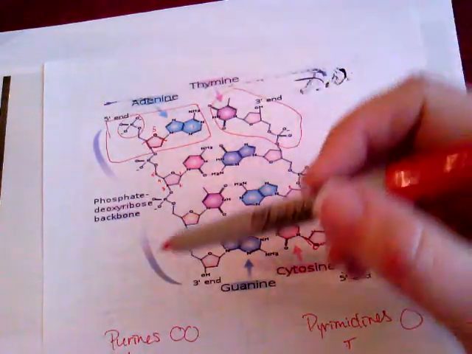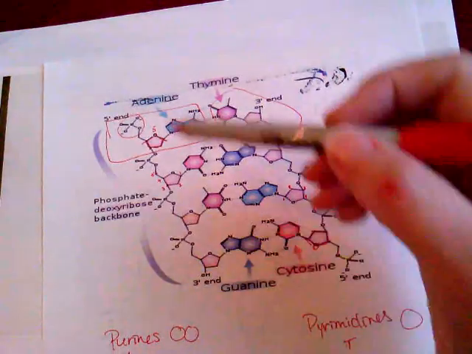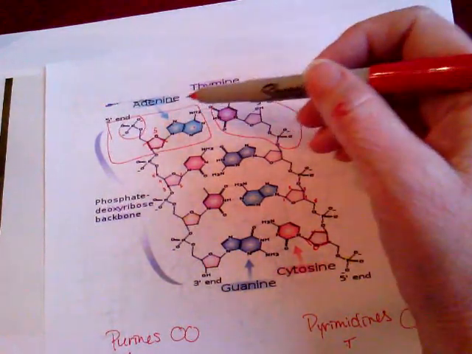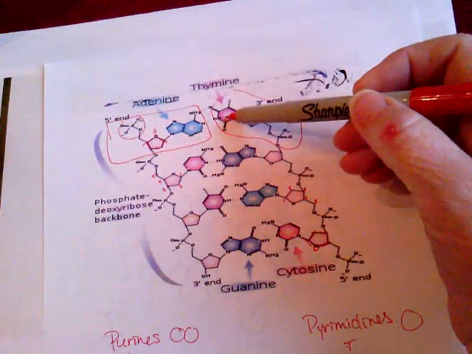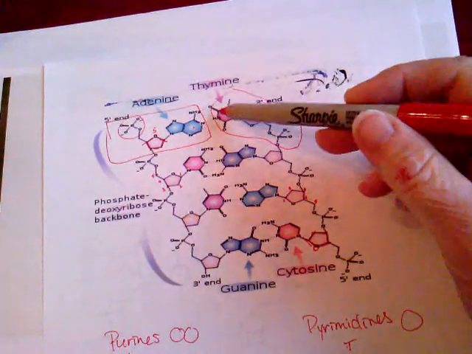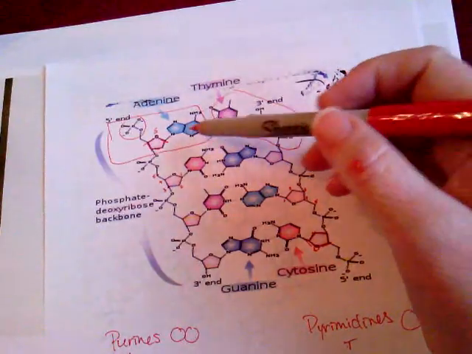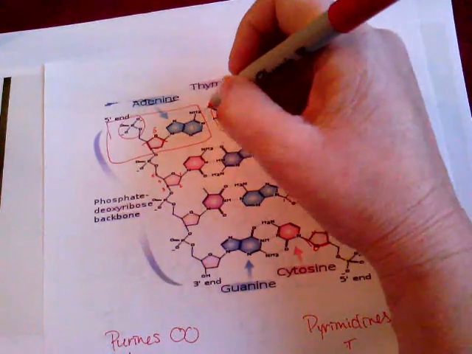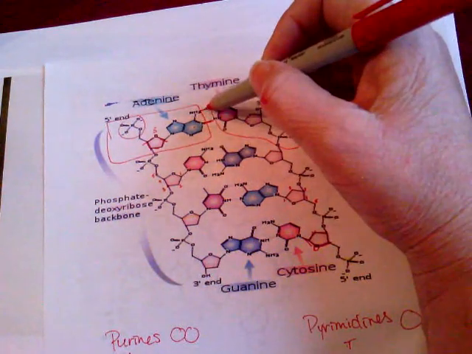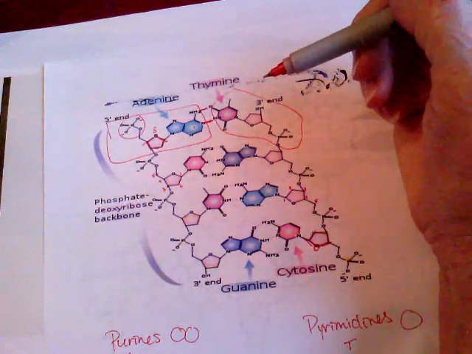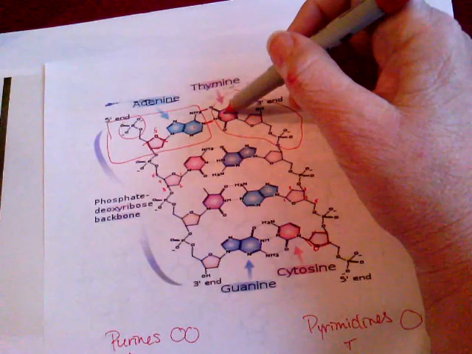But if A and G are both purines, and this is A, why does A have to go with T? Because C is also a pyrimidine. Couldn't we put C there? Couldn't we put the cytosine up there? Why does thymine get to pair up with adenine? And here's why. In between adenine and thymine, there's 2 hydrogen bonding sites, 2 with a 2 here, okay?